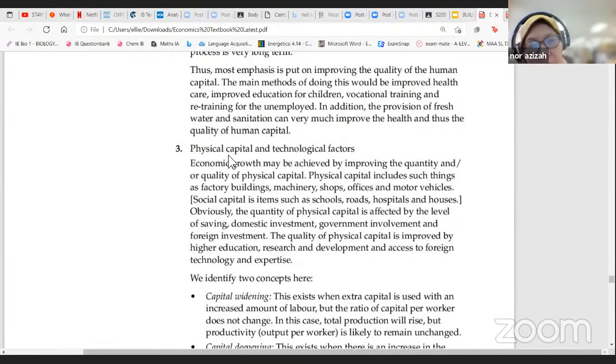If you are a country like Singapore, a small island with very limited resources, you will not be able to rely on natural resources to boost your economy.